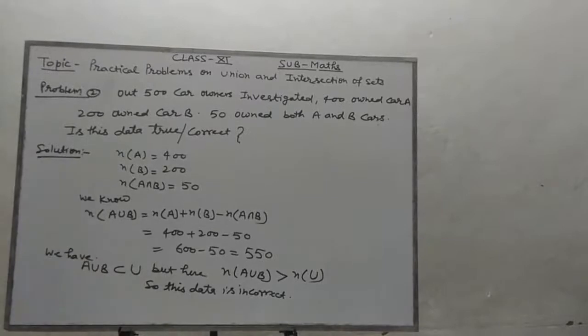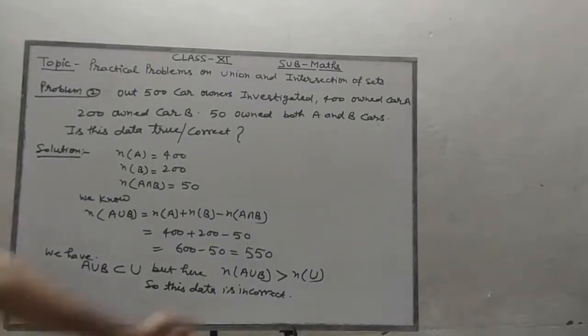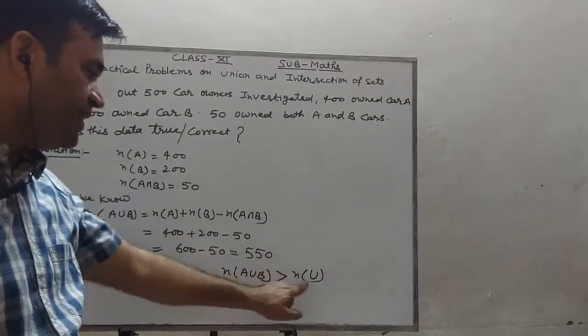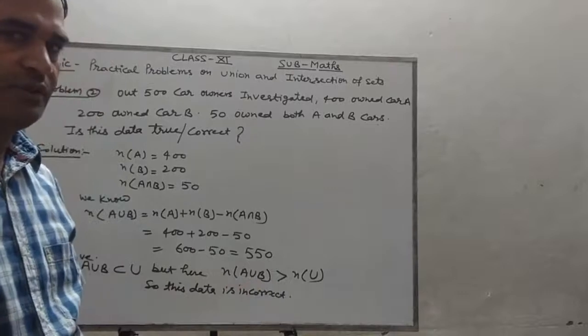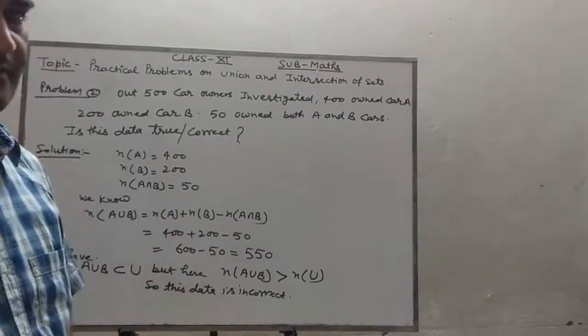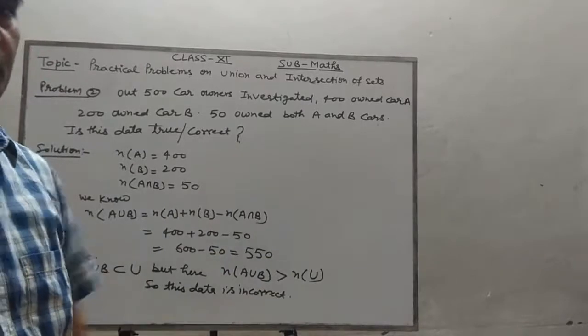So there are two things to be understood. First thing, the number of elements in the universal may be equal to their union, but can never be less. It will always be greater.